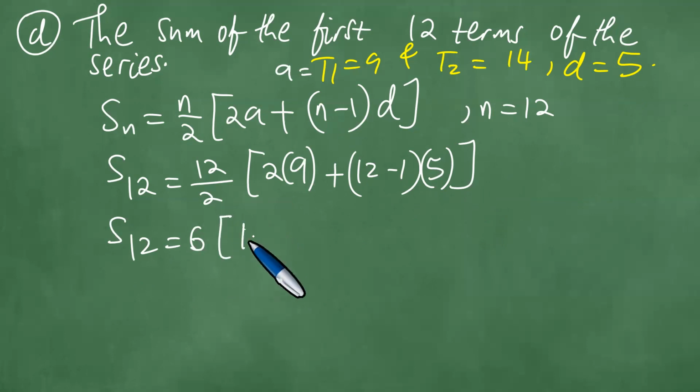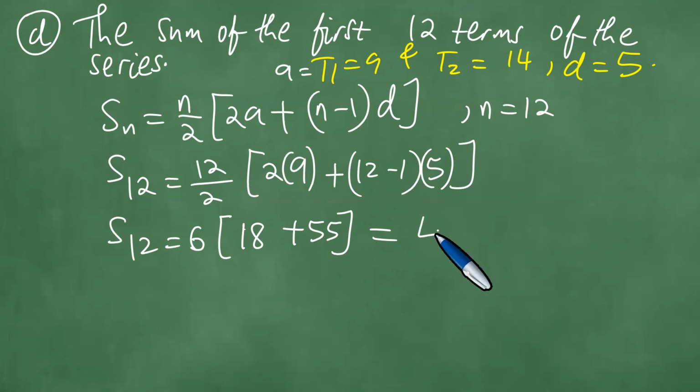So in the end, you have 6 times (18 plus 12 minus 1, which is 11, times 5, which is 55). And then we just need to get the answer. That's 438.